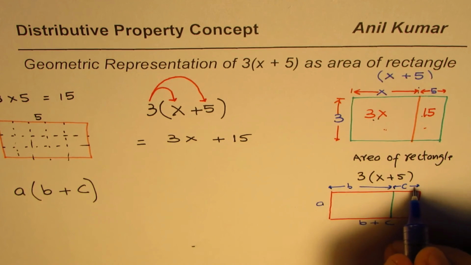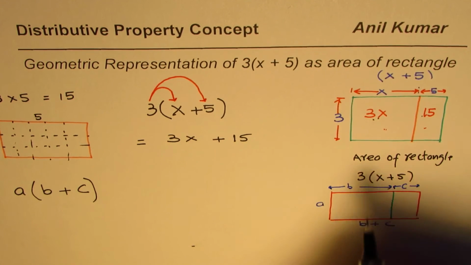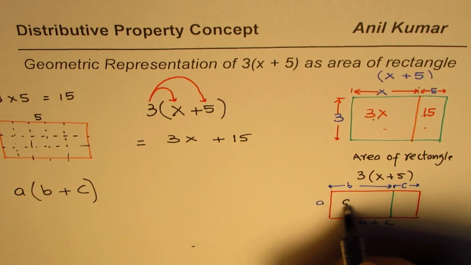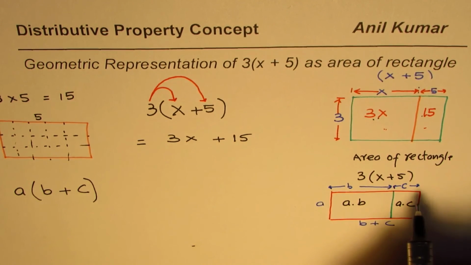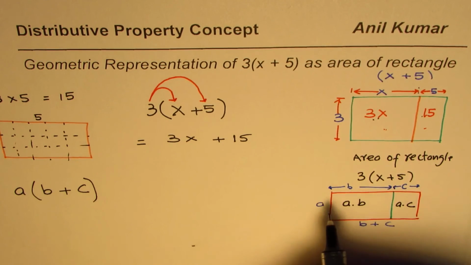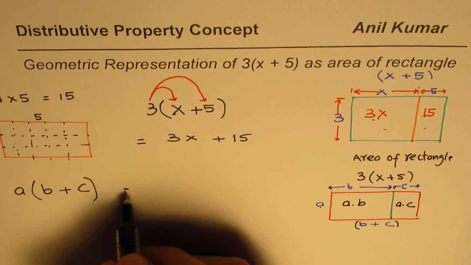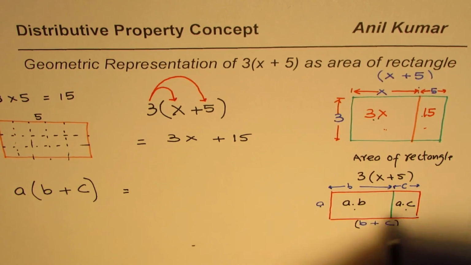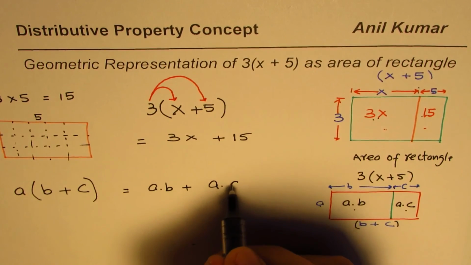So b plus c is the length, and the width is a. Now, what is the area of each rectangle? The area of this rectangle is a times b, and the area of the other rectangle is a times c. Now a times b plus c gives you the area of the big rectangle. That should be equal to the sum of these two areas, that is a times b plus a times c.